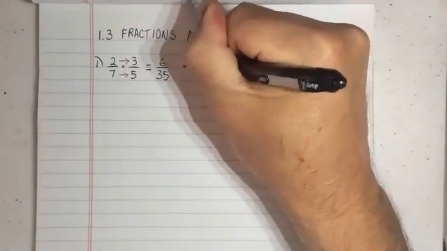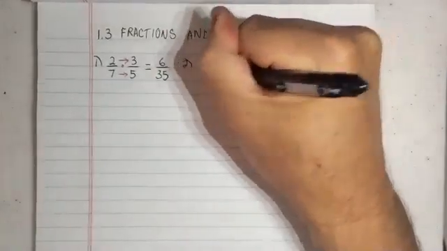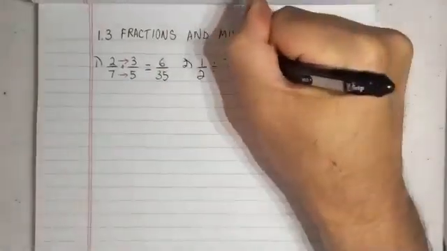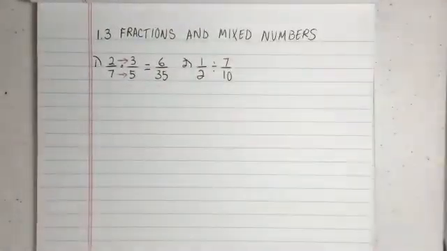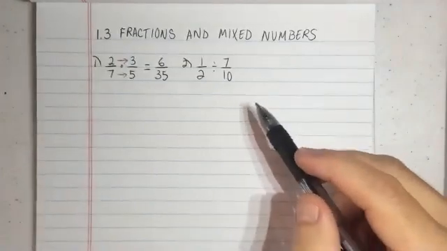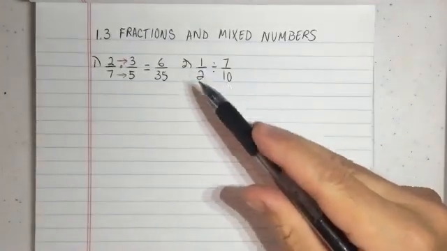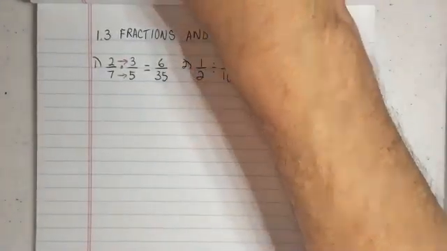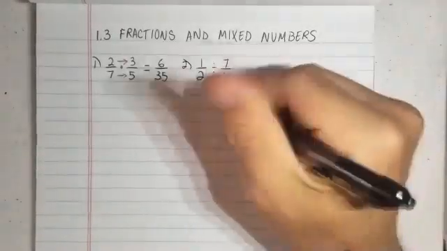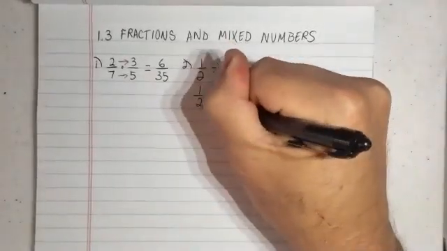All right, our next problem is we're actually dividing. And division is similar to multiplication in the sense of the rule is we don't change the first fraction. We leave the first fraction the way it is. So we're not going to mess around with the 1/2.